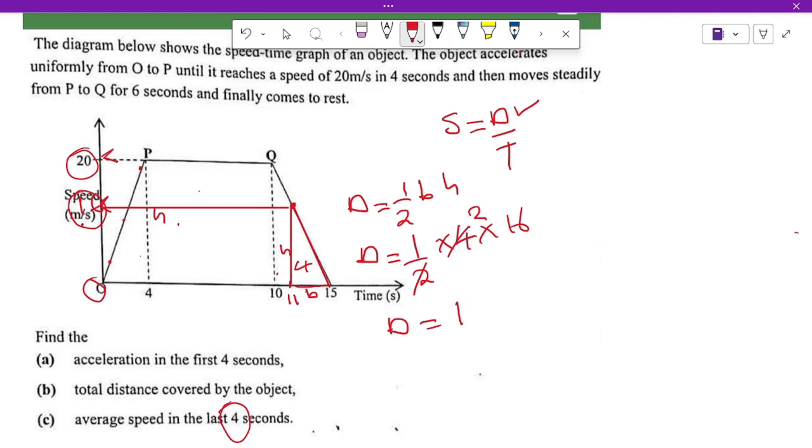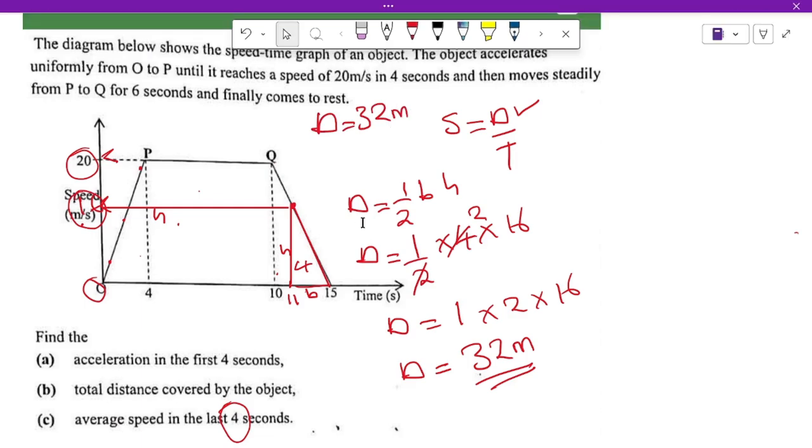So we remain with 1 times 2 times 16. Your distance is 2 times 16, that is 32 meters. Now that we have distance, let's put it here, it's 32 meters.